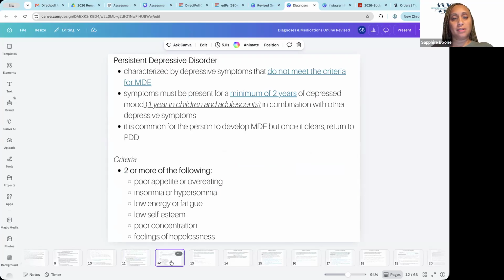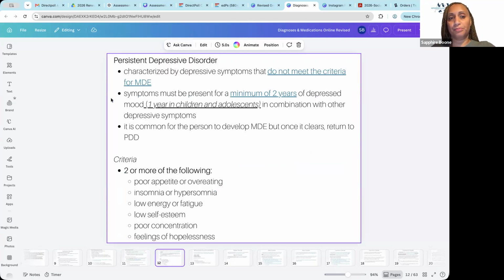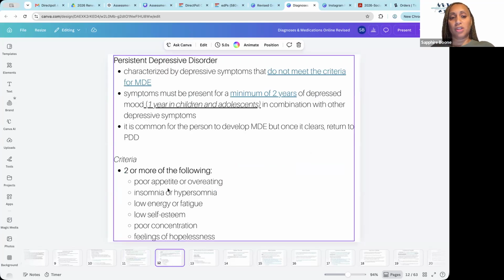And I have more of the symptoms here, even though this is PDD, but we talked about appetite, sleep, energy, right? Low energy or fatigue, low self-esteem, poor concentration, feelings of hopelessness, right?